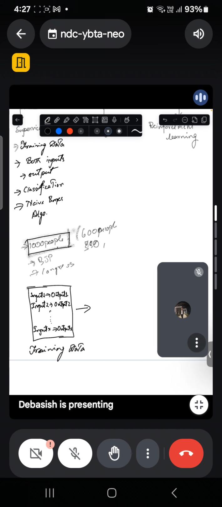So 1000 might be a small sample size. So sample size is also important. By feeding this input and output, we'll design some learning algorithm.